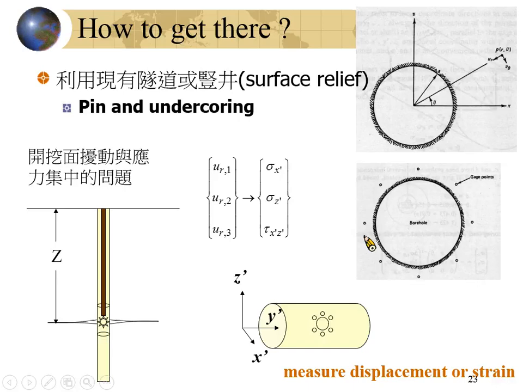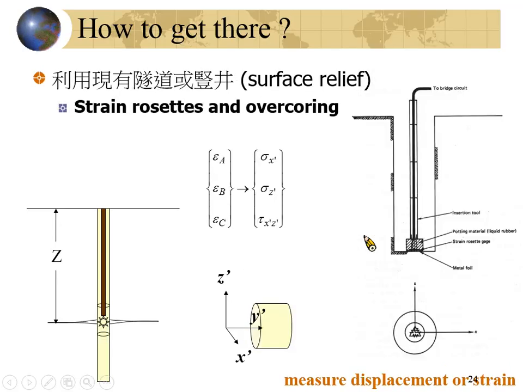For this kind of surface relief method, you will have the same problems related to the disturbance around the tunnel. Do you still remember? If you drill in a tunnel, then you will have some disturbance around the tunnel. To reduce the influence of the damage zone, you want to do your measurement in good rocks, not the damaged rocks.